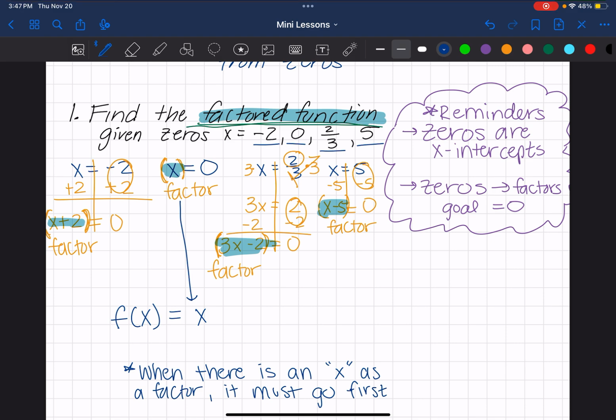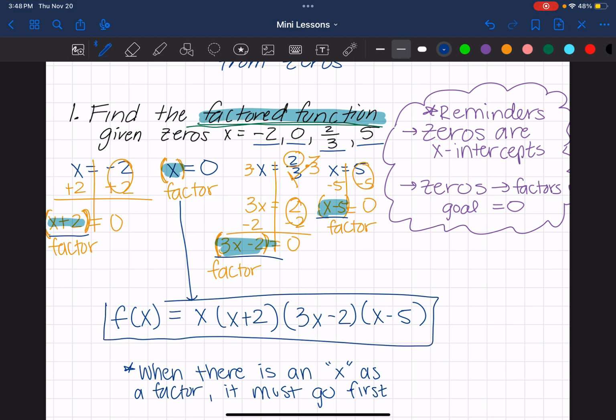After we put that x as the first factor, if there is one, all the other factors can just go in order behind it. So just going to go down the list. We have x plus 2 in parentheses, 3x minus 2 in parentheses, and lastly, x minus 5 in parentheses. So now we have completed our factored function equation. This is it, and we are done. Thank you.